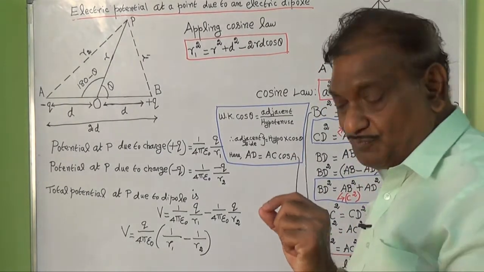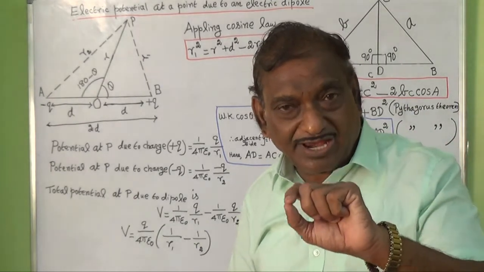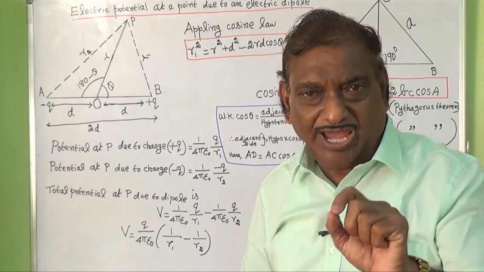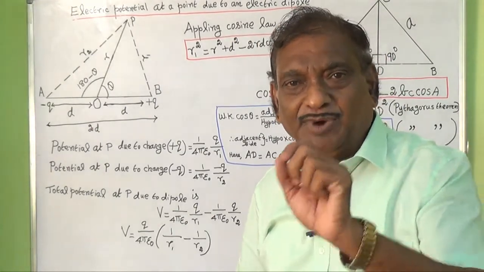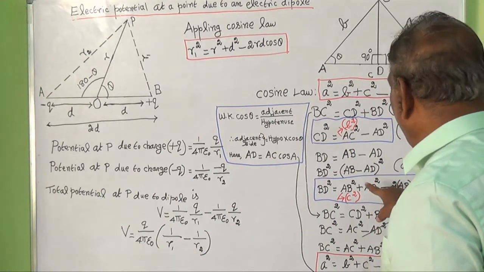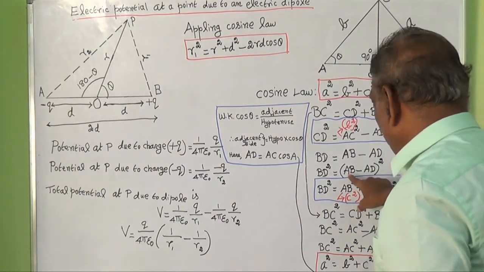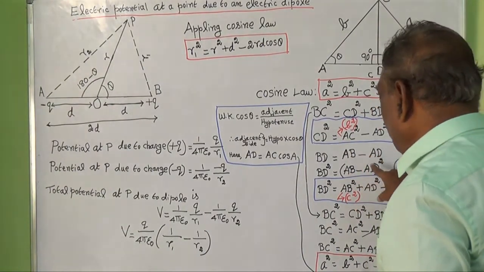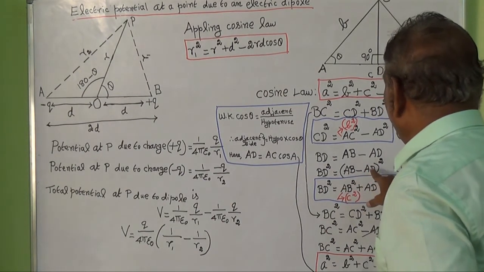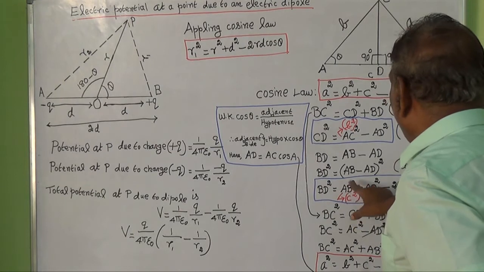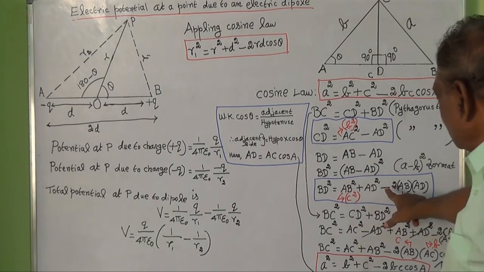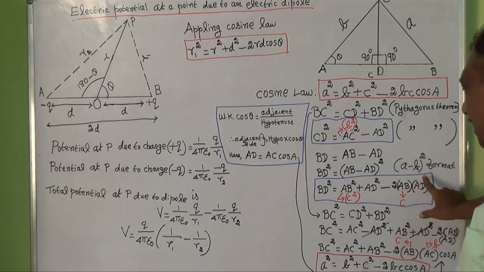What is the formula for A minus B the whole square? A minus B the whole square equal to A square plus B square minus 2AB. Here in the place of A there is AB, in the place of B there is AD, hence AB minus AD the whole square equal to AB square plus AD square minus 2AB into AD.